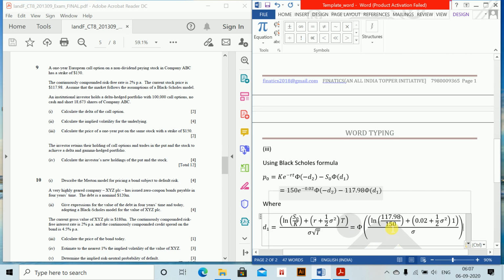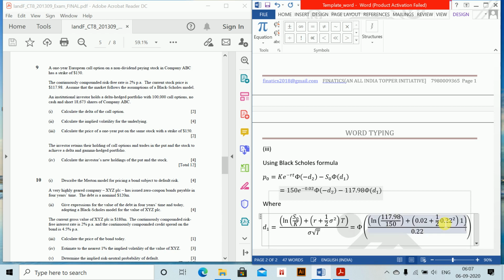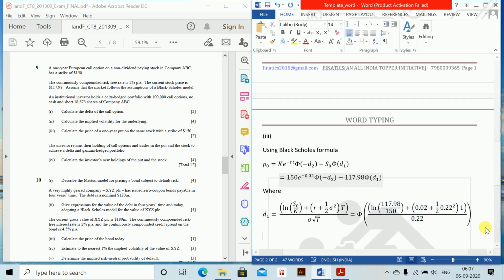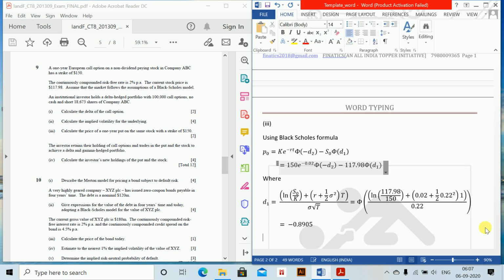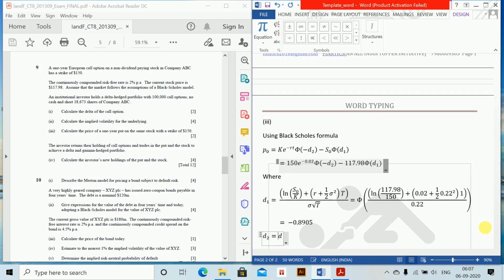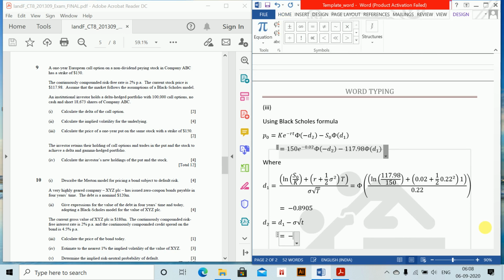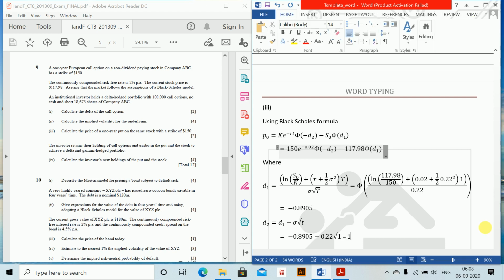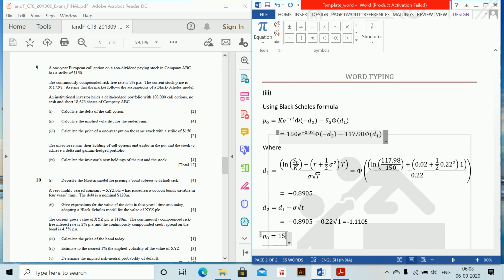So ln of 117.98 by 150 plus 0.02 plus half into 0.22 square, divided by 0.22, hence this is equal to minus 0.8905. And D2 is equal to D1 minus sigma sqrt of T, so minus 0.8905 minus 0.22 sqrt of 1, which is equal to minus 1.1105.